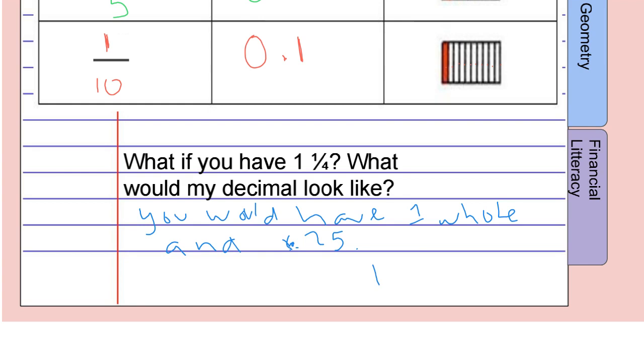So it would look like 1.25. So you put that one whole out front and that 0.25 behind, because you still have one whole, and then you have your 25 hundredths.